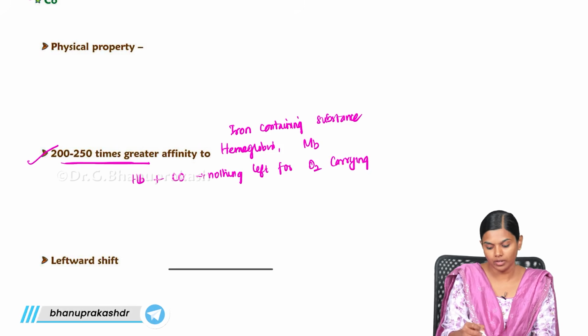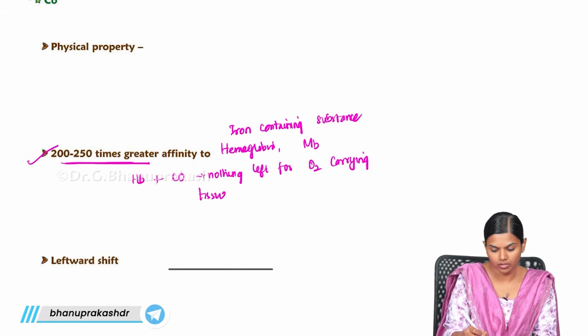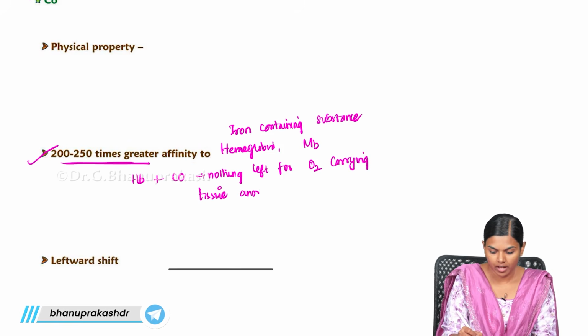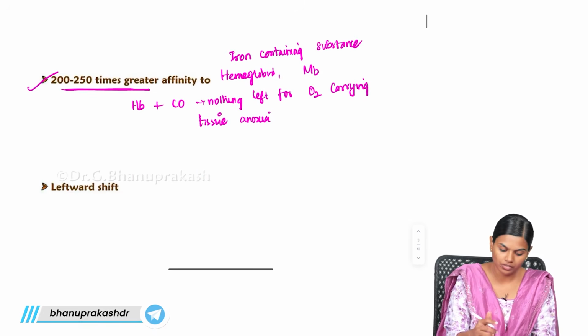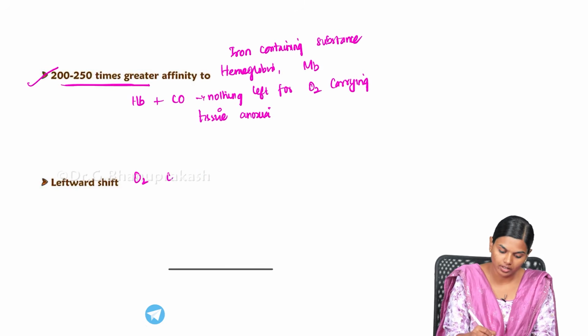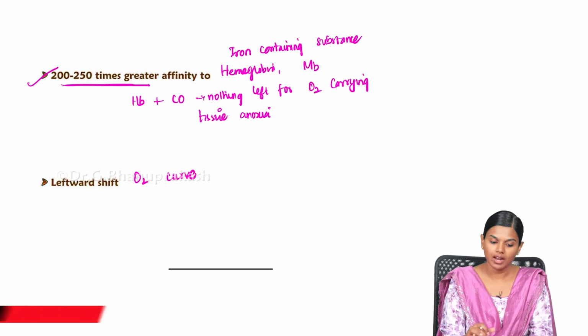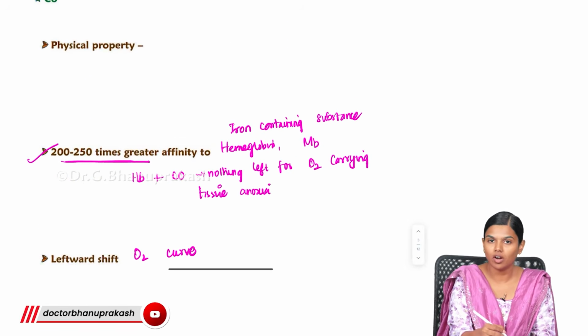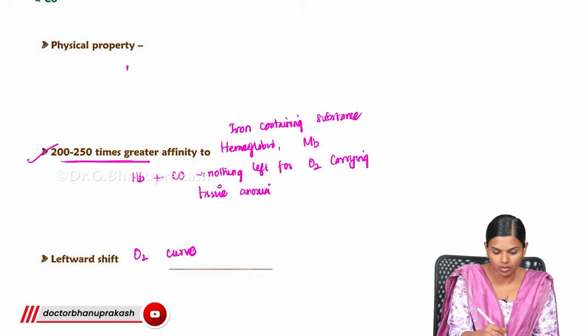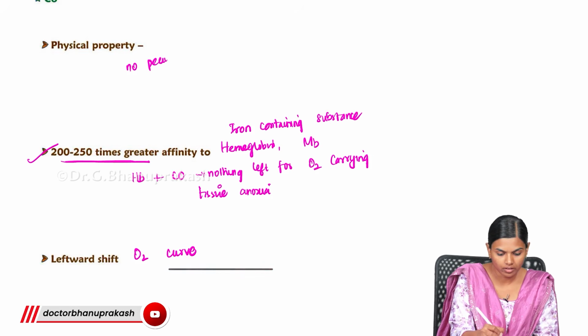That is why you get tissue anoxia, and there will be a leftward shift of the oxygen curve. It is also a gas without any peculiar smell.